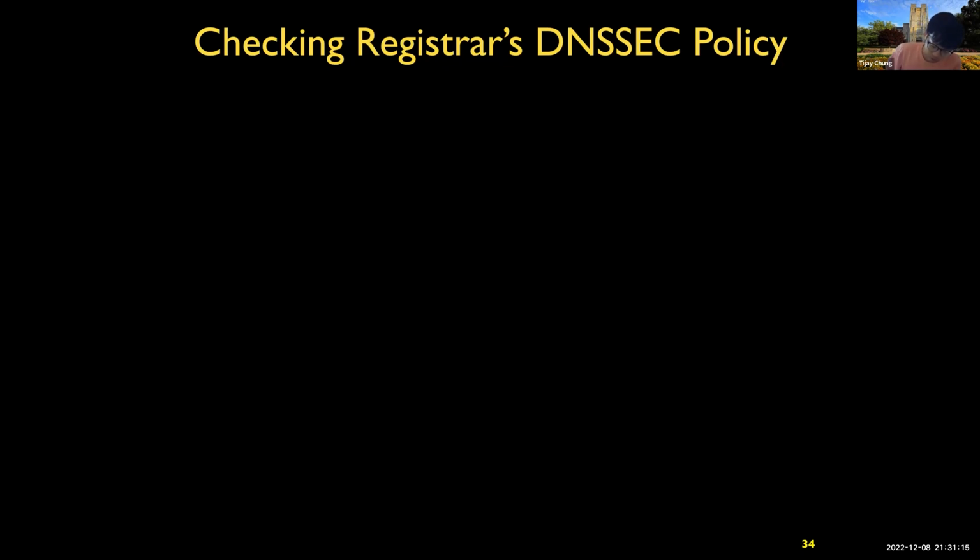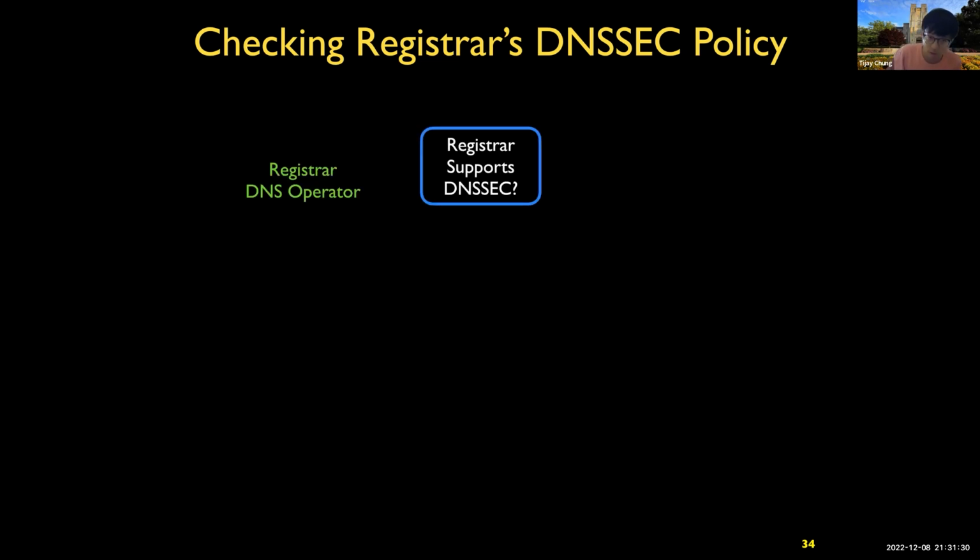So to understand why the DNSSEC deployment rate is so small, we can check how many popular registrars out there support this kind of functionality. Okay? So what we do is purchase a domain name from popular DNS registrars, and we check if they support DNSSEC on their name server.